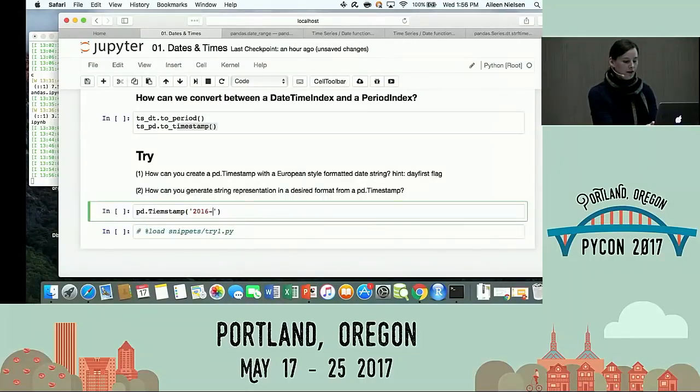Okay, so day first equals true. So, it would help to spell timestamp correctly. So if I am American, actually this doesn't make sense at all. If I'm American, I'd have to reverse it. But if I am European, what's this date? Is it November or September? September.